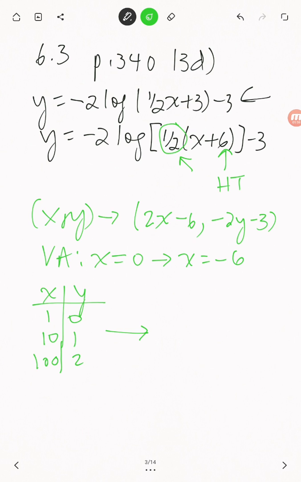Apply the mapping notation to those points, and those points are transformed into (negative 4, negative 3), (14, negative 5), and (194, negative 7).